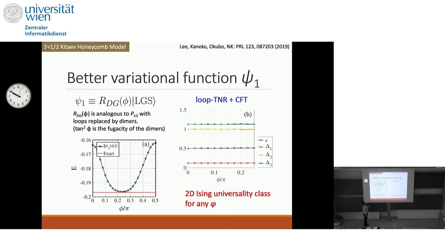And we can multiply yet another diamond gas operator with different fugacity in order to get an even better approximation to the Kitaev ground state. This picture only shows our first approximation, which includes only one variational parameter, but in the optimal situation, the energy is very close to the Kitaev spin liquid.